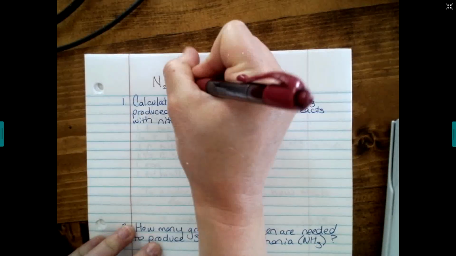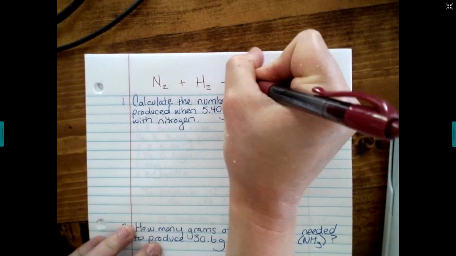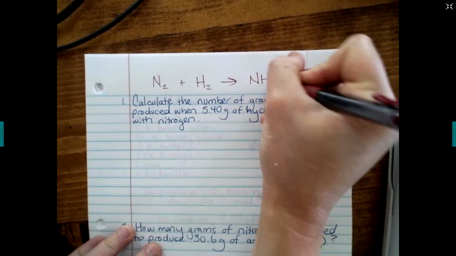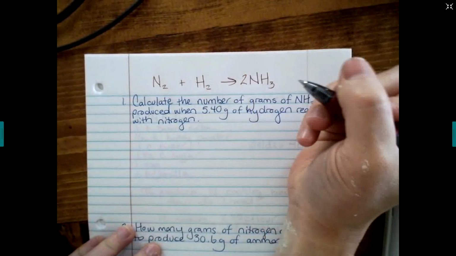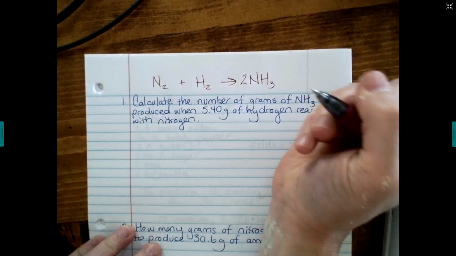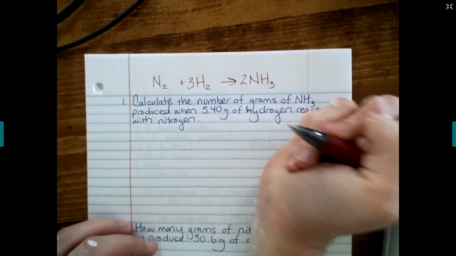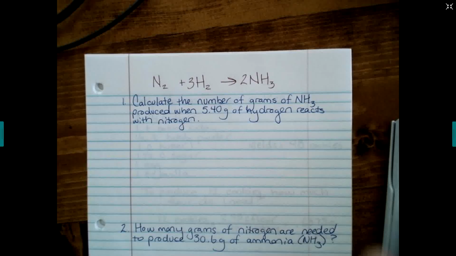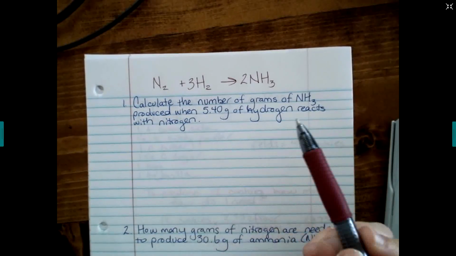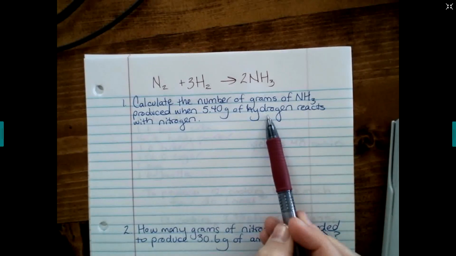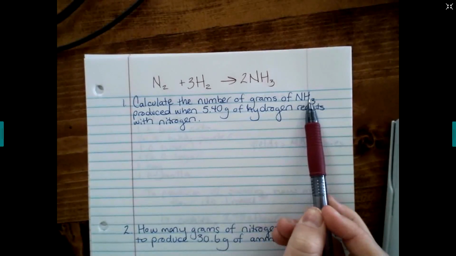Nitrogen plus hydrogen yields ammonia. And to balance it, we put a 2 in front of NH3, and we put a 3 in front of H2.